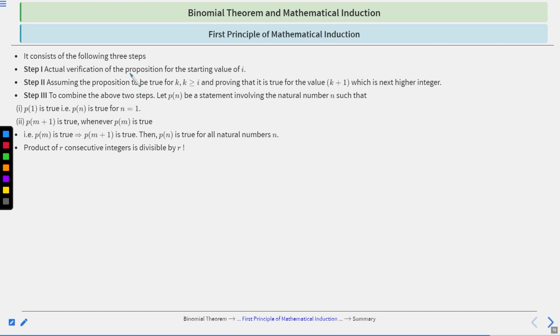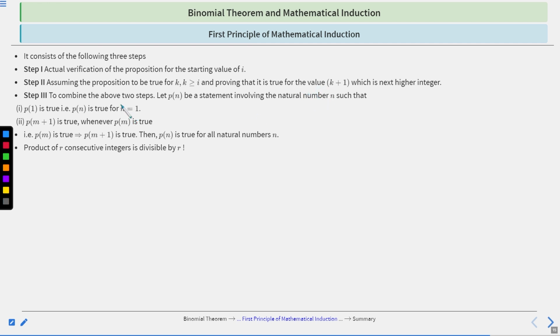It consists of the following three steps. Step 1, actual verification of the proposition for the starting value of i, right? Step 2 says, assuming the proposition to be true for k, where k is greater than or equal to i, and proving that it is true for the value k + 1, which is the next higher integer.